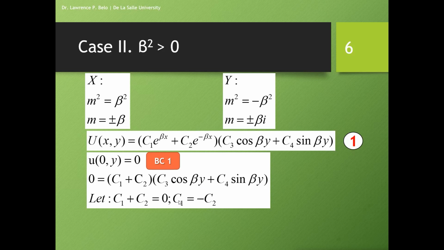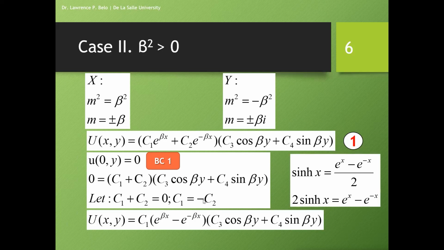Therefore, I can say that C1 is simply the negative of C2. Let's combine them, take note of this, guys. C1 is simply negative C2. So I can say we replace it with C1, and this becomes negative C1.